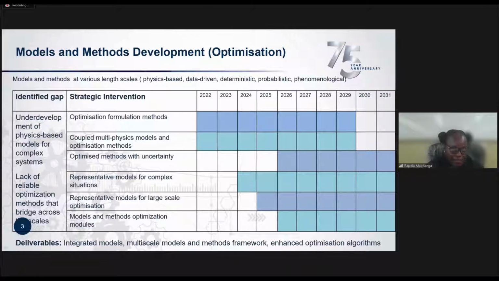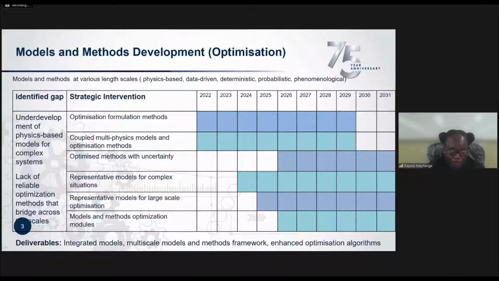And there are two gaps that are really identified under this program. We realize that there is an underdevelopment of physics-based models for complex systems, and also there is a lack of reliable optimization methods that bridge across the scales. So what we had to do was to identify the gap and propose some strategic interventions and propose the timeframes for each and every program.